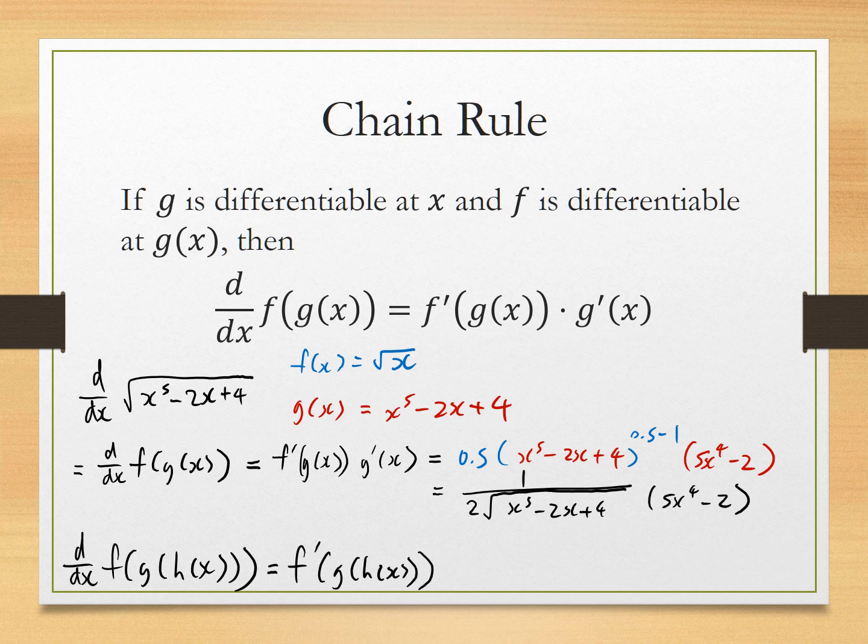Now beware of the number of brackets you have, 1, 2, 3, yeah, that's correct. Multiplied by g prime h(x), multiplied by h prime x. So it's called the chain rule because the more functions you have inside, the more terms you have to chain at the very back. You have f, g, h. Three functions nested together, you have to have three parts.